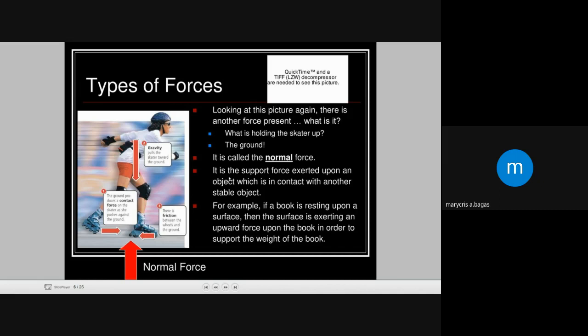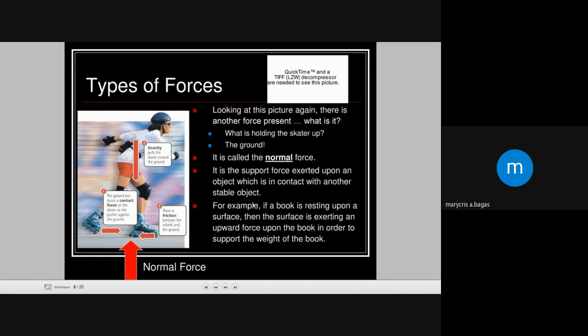It's called normal force. It is the support force exerted upon an object which is in contact with another stable object.